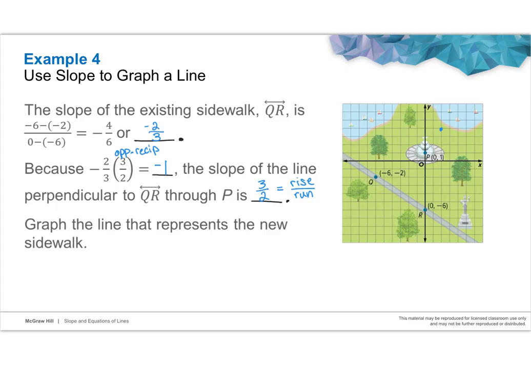So as we think about rise of 3 and run of 2, we can go up 3 and right 2, or we can reverse both of those directions and go down 3 and left 2, and we will still be on that same trajectory. So this would be our new sidewalk right here.